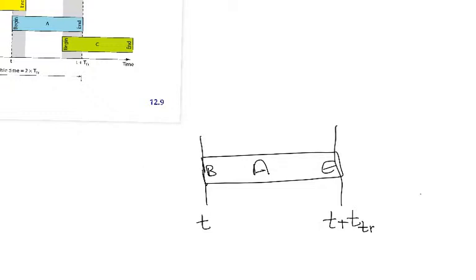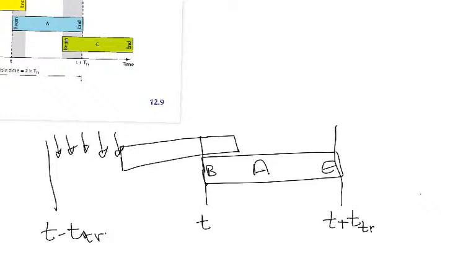So if any node, assuming node B, tries to send within the time duration t minus t transmission to t, so if a node tries to send at any point in time within this range, the transmission will start at this point and will overlap with the transmission from A, which means that the transmission from node B will overlap with the transmission of node A, which means that there is a collision.